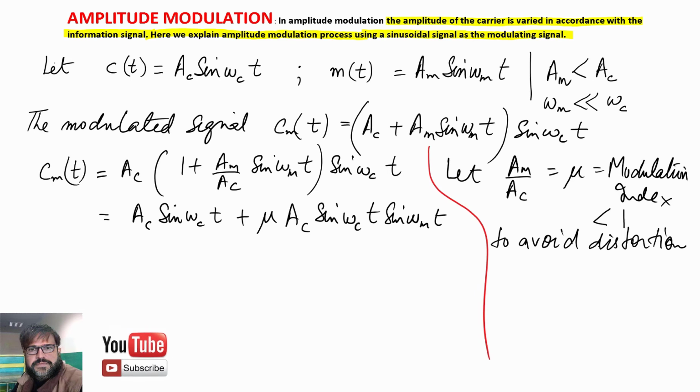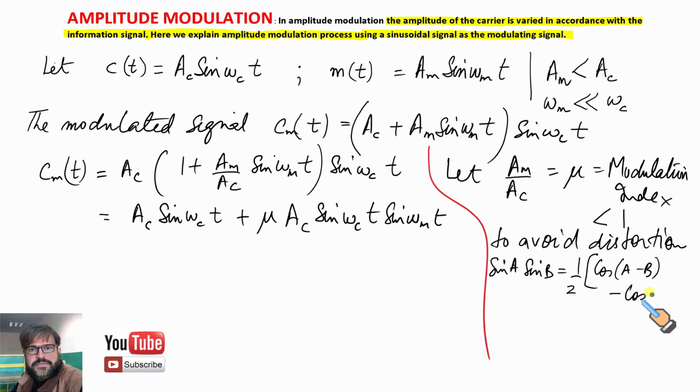Now what we have in maths is sin A into sin B is written as half of cos(A minus B) minus cos(A plus B).